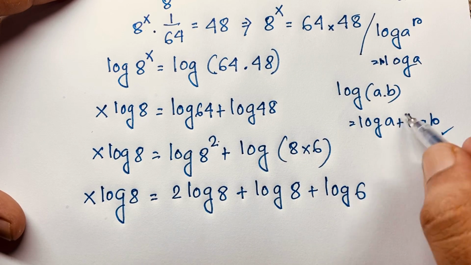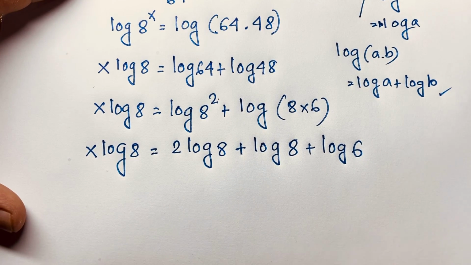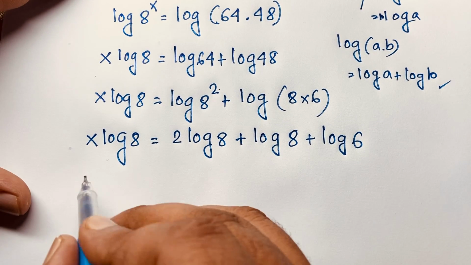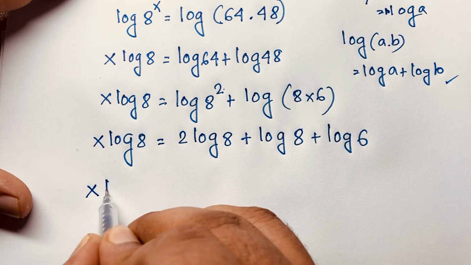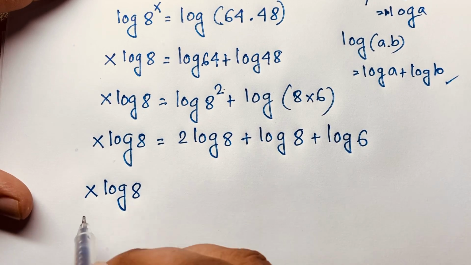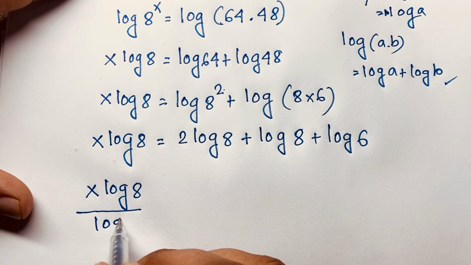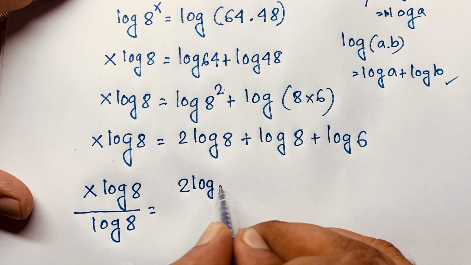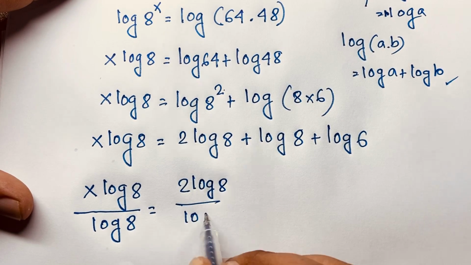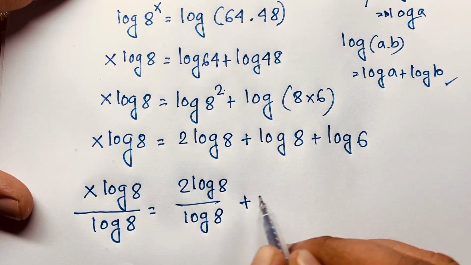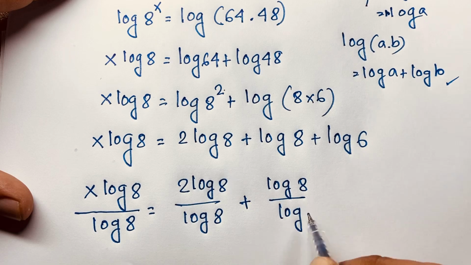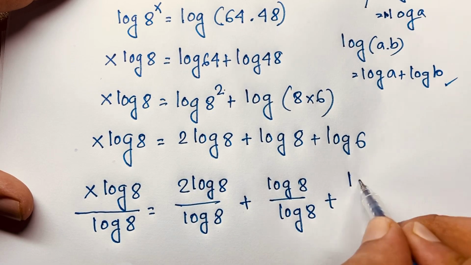I apply this formula again here. Now I divide both sides by log 8. So x log 8 over log 8 is equal to 2 log 8 over log 8 plus log 8 over log 8 plus log 6 over log 8. I divide both sides by log 8.